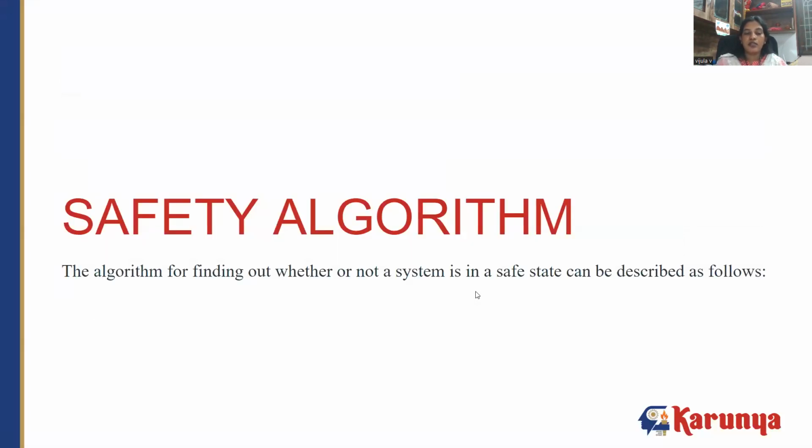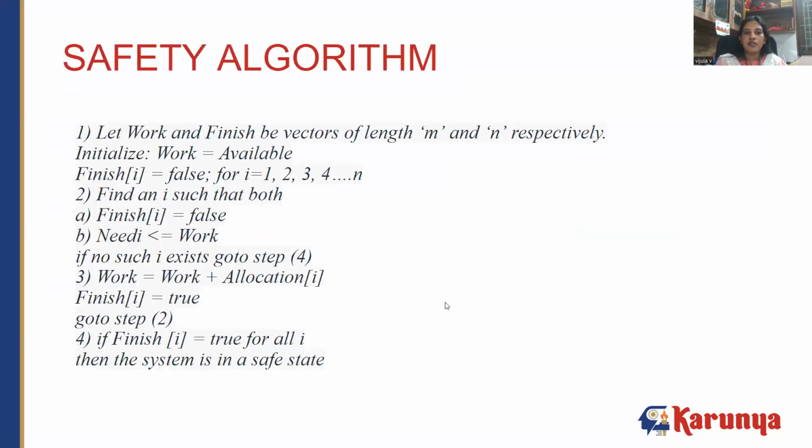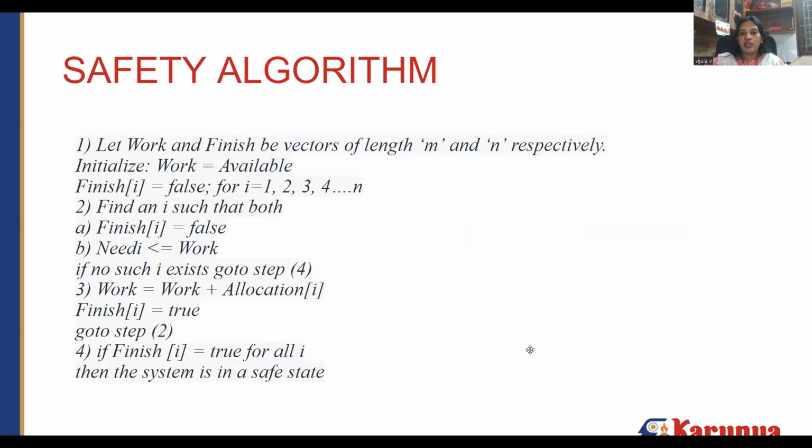So let's go to the safety algorithm. This is the algorithm used for finding out whether or not the system is in a safe state. So this is the algorithm for safety. We have work and finish, where the vector lengths are taken as m and n respectively.